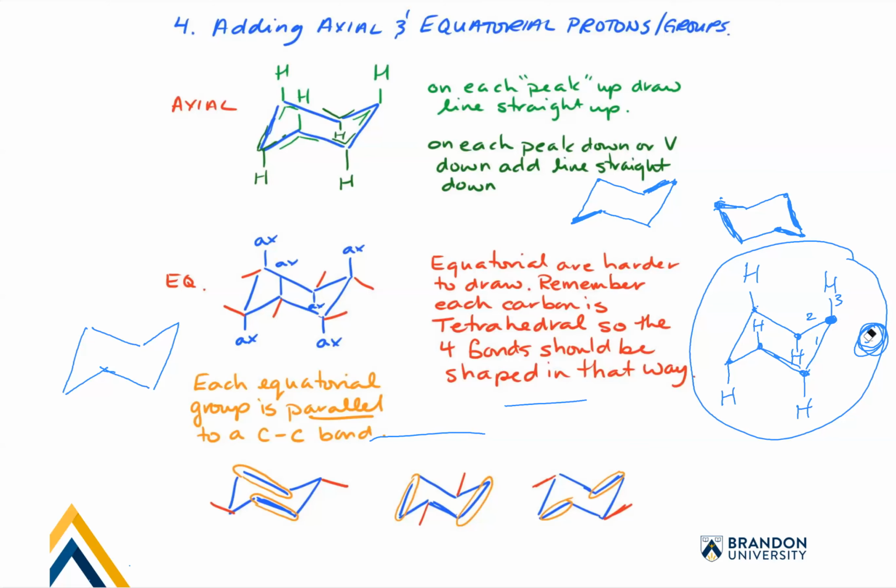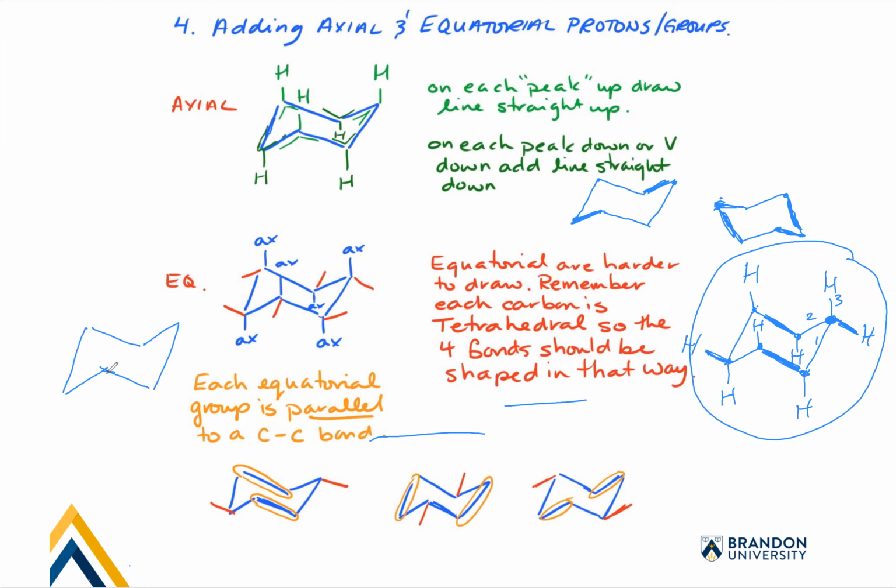And so we need to put a proton there. It should be parallel, this proton here should be parallel with these 2 lines. And on the other end of the cyclohexane, this proton over here should be parallel to the same 2 lines.